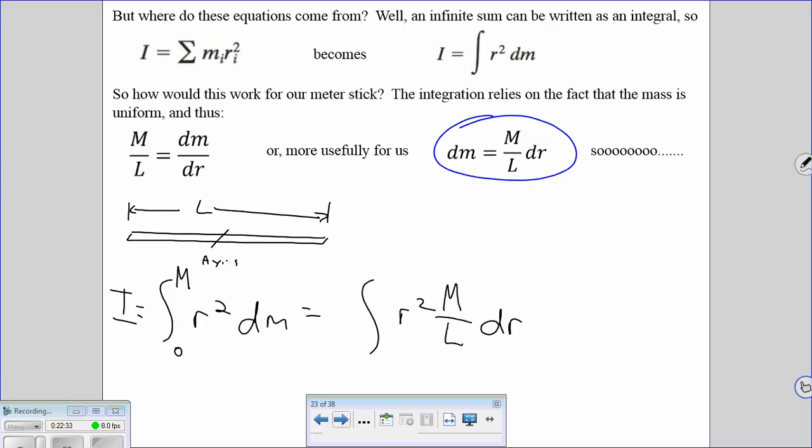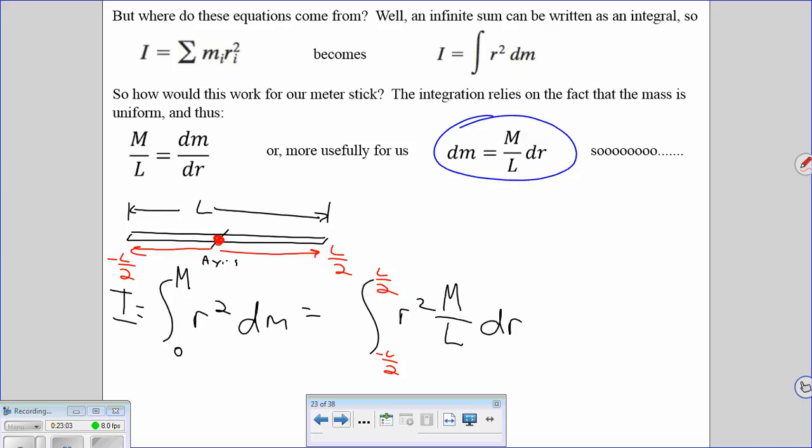But now the bounds of my integration have changed because I'm no longer integrating with respect to mass. Now I'm integrating with respect to r. If this is my pivot point, my axis, the smallest radius I could have would be negative L over 2, and the biggest radius I could have would be positive L over 2. So now my bounds for integration become negative L over 2 to positive L over 2.